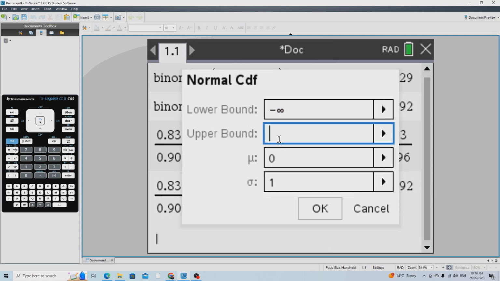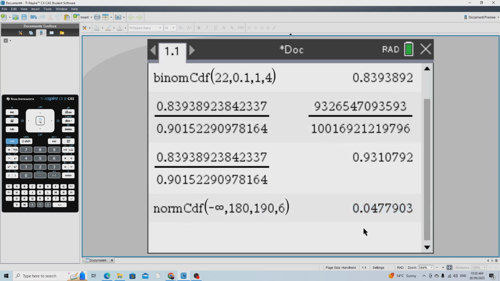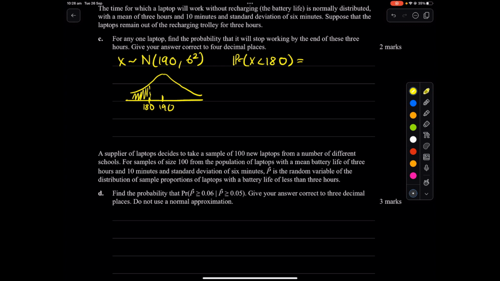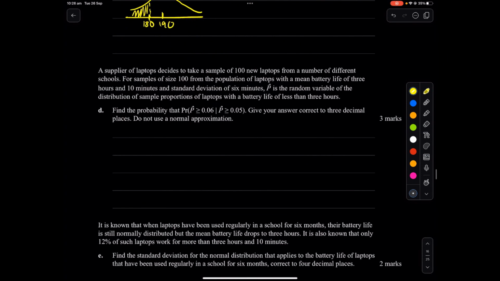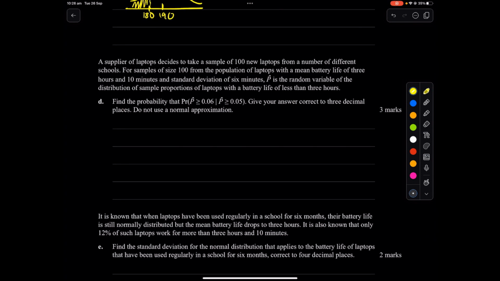Our lower bound is negative infinity, our upper bound is 180, the mean is 190, and the standard deviation is 6. To 4 decimal places, that's 0.0478.